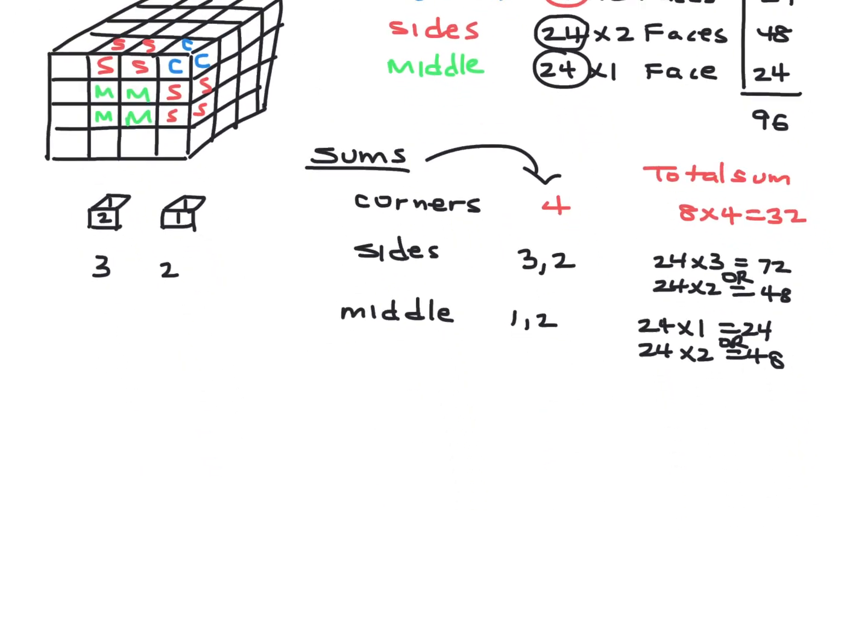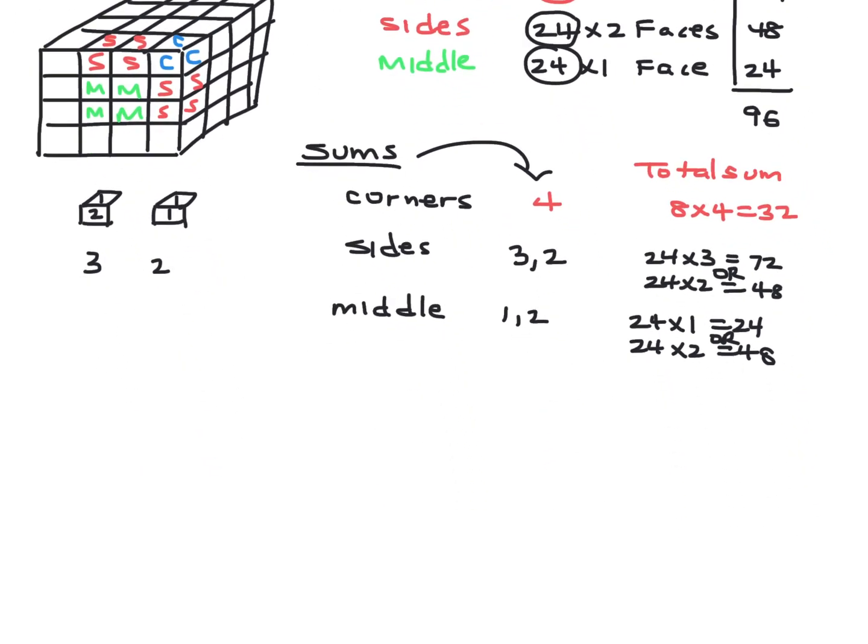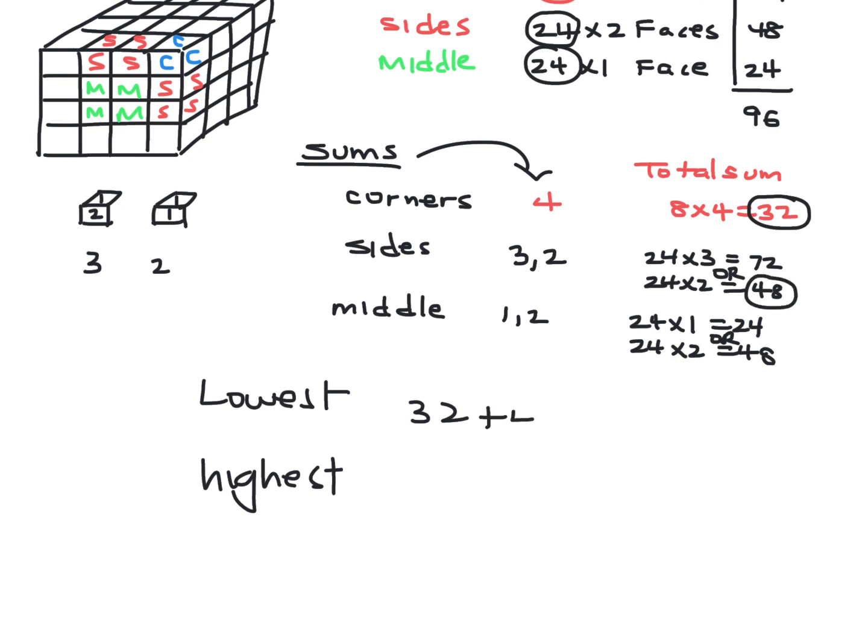So I guess now we have to figure out the possible sums, the lowest and the highest. Well, for the corners, it's fixed at 32. The lowest for the side is 48, and the lowest for the middle is 24.